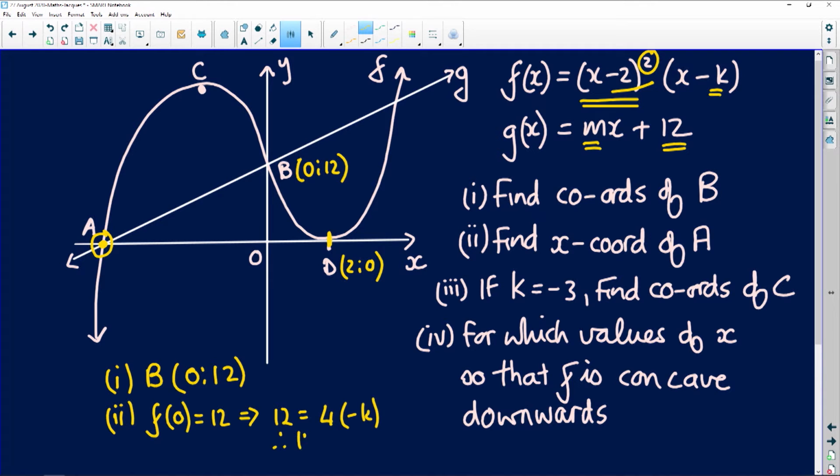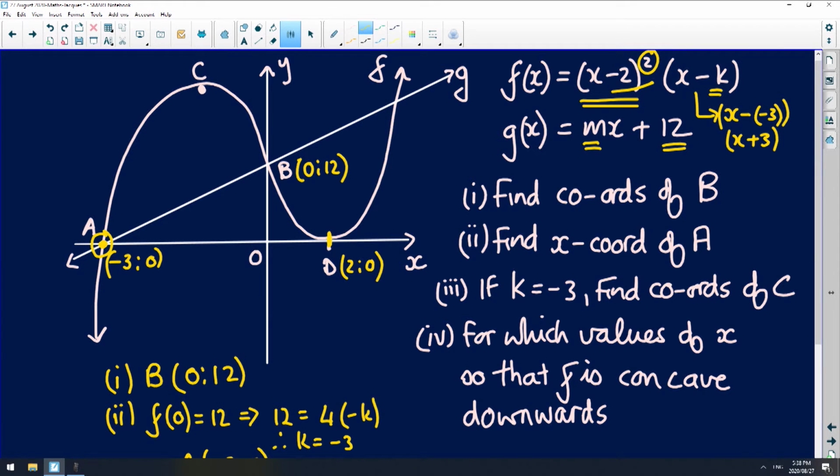So our k is equal to negative 3. And that's all we wanted. That is the other factor, folks. So if we now go to the factor here and we say x minus 3, that is the factor. So this becomes x plus 3, which means the root lies at the point minus 3 and 0. Okay, so A is the point minus 3 and 0.